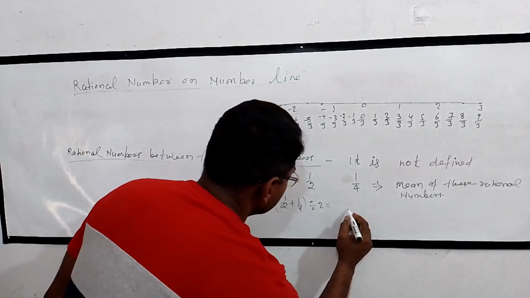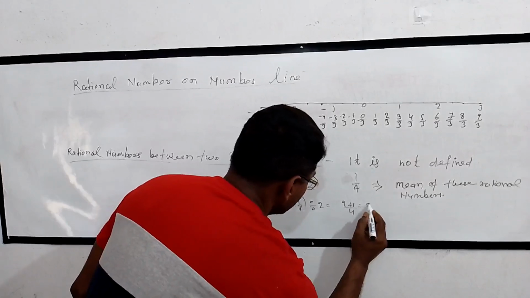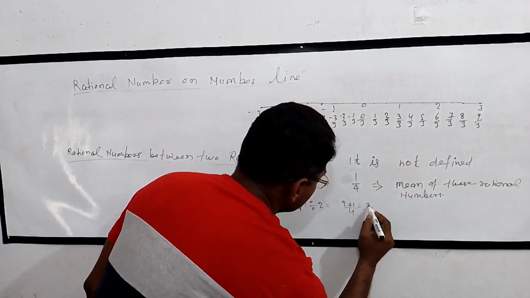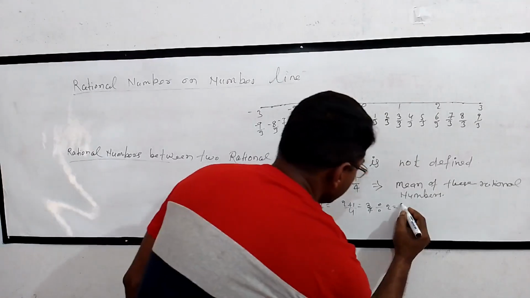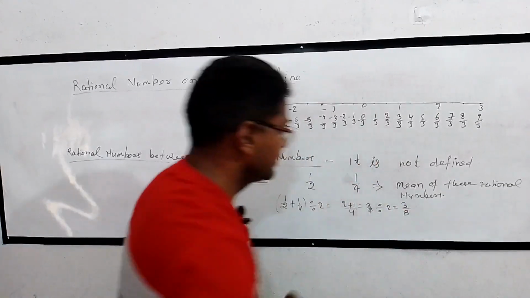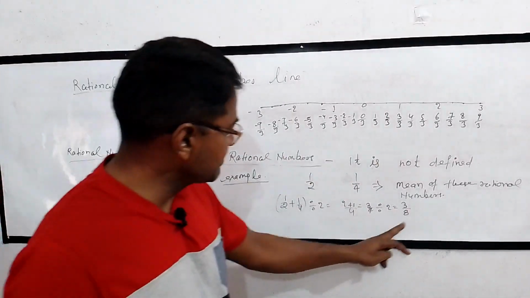You will get here LCM 4, so it will be 2 plus 1 is equal to 3 by 4 divided by 2. It means that it will be 3 by 8. You will take the mean, it will be 3 by 8.